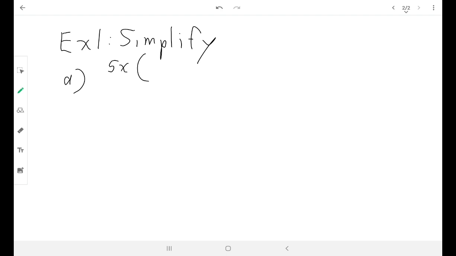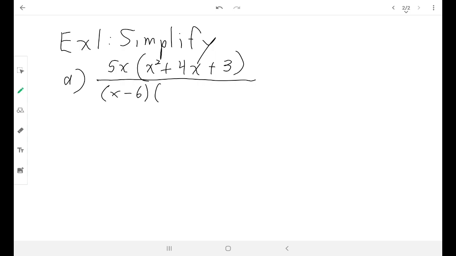Remember, these are expressions, not equations. 5x times the quantity x squared plus 4x plus 3, all of that over x minus 6 times x squared minus 9.